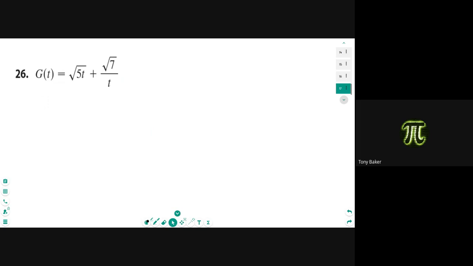Square roots screw everybody up. What's the square root of 25 equal? 5, right?